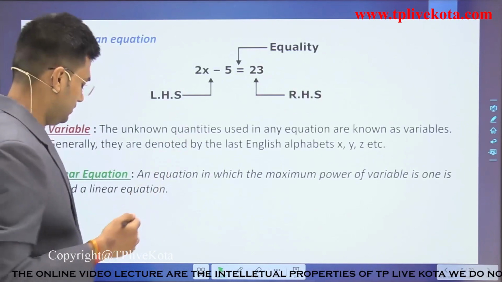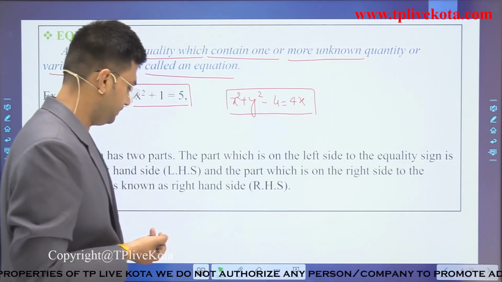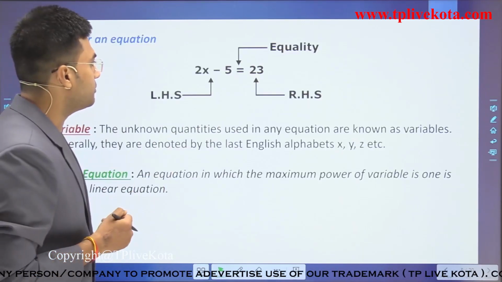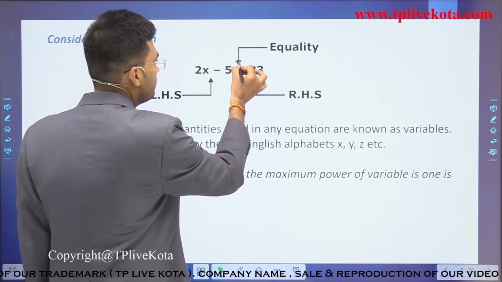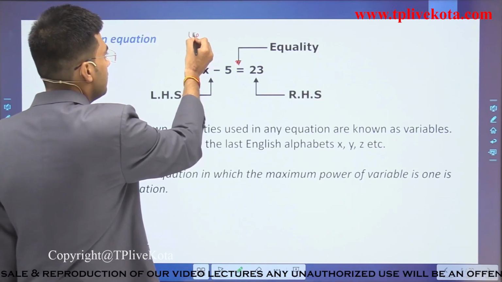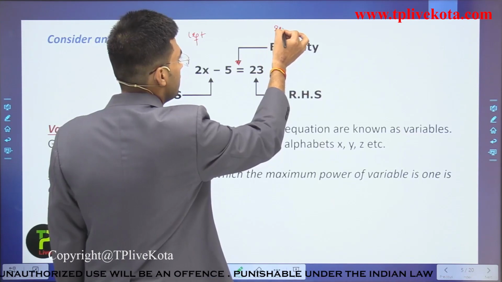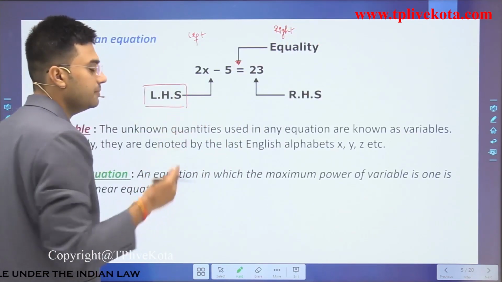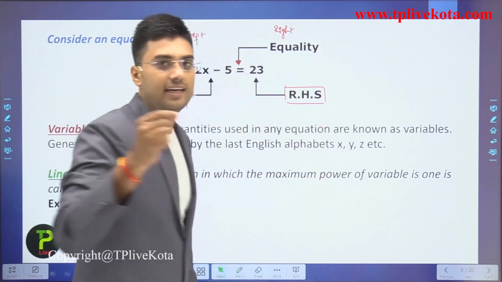Let's understand with an example. 2x minus 5 is equal to 23. This is the equality sign, this is the left side of the equality sign, and this is the right side. So this is LHS, left hand side, and this is RHS, right hand side.